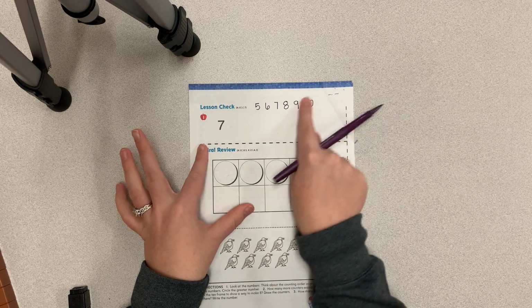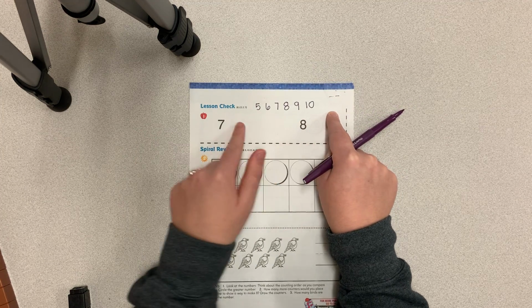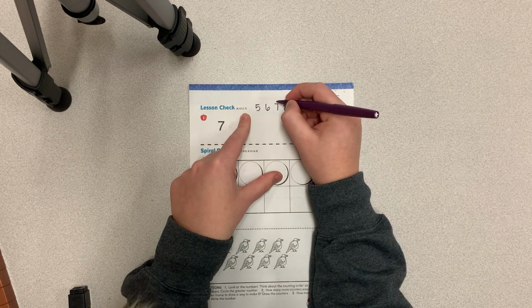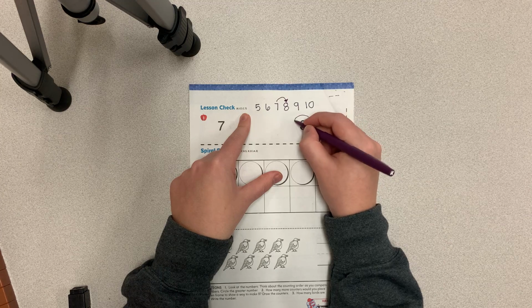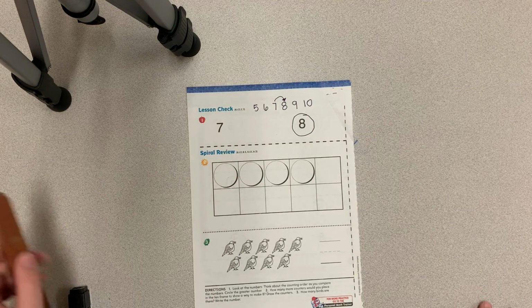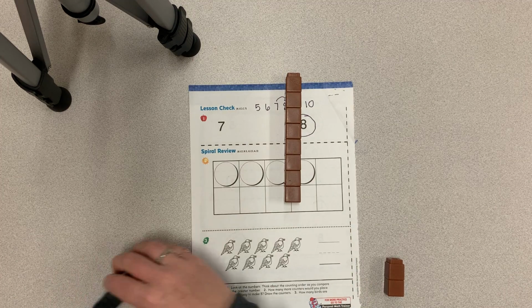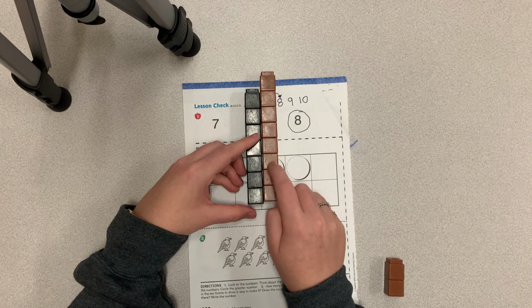I know the greater the number gets, it comes to this side. The lesser it gets, it comes to this side. So here's 7 and here's 8. 8 is greater than 7, so that should be circled. Another way I can look at this is here's 8 and here is 7. Which one has more? 8.